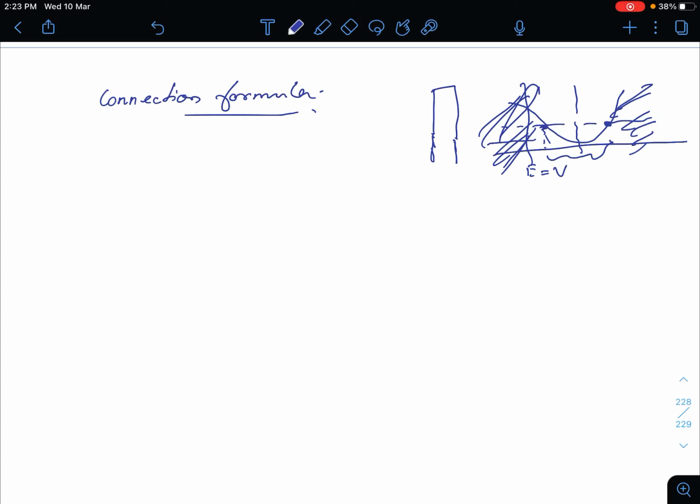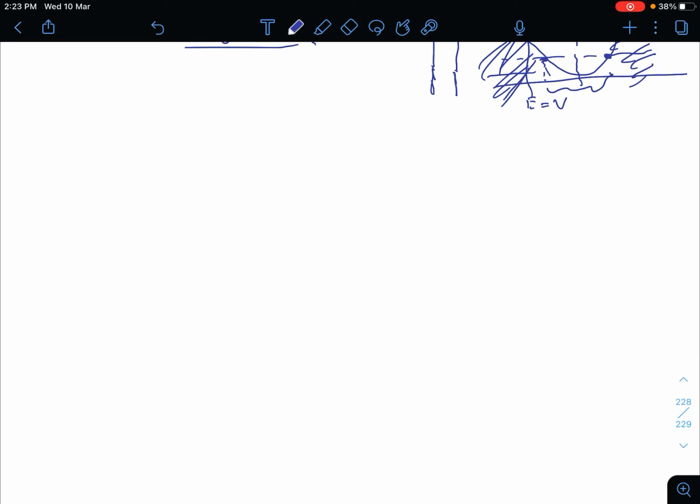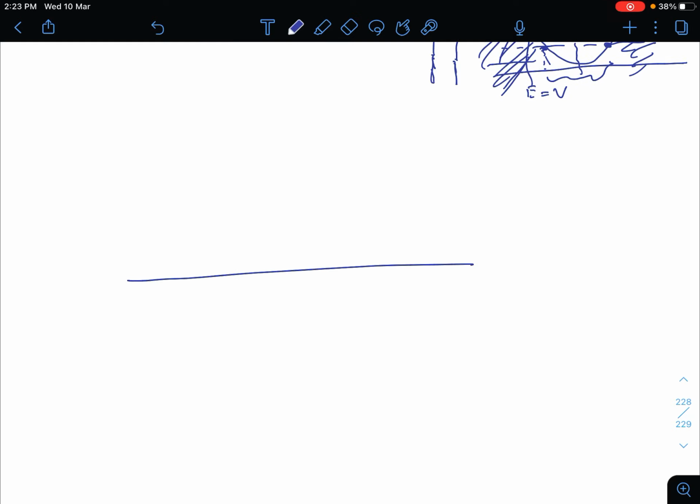Now let's consider this very simple problem. Suppose you have a problem like this. I'm now putting this to be the origin. I'm shifting the origin. Now the potential somehow goes like this.